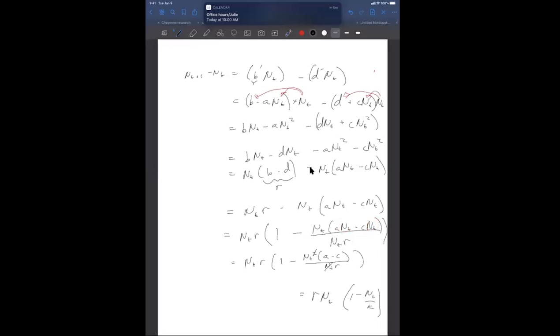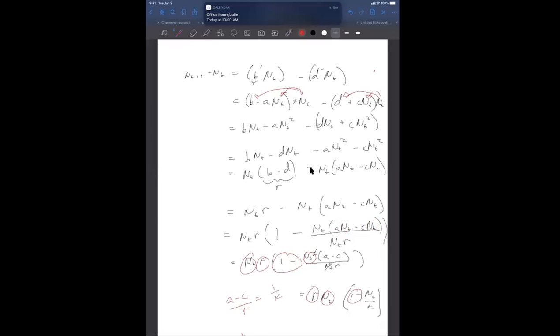This is the same, this is the same, this is the same. We have n of t in the numerator, and we have this last term, a minus c over r. And we know that has to equal 1 over k.